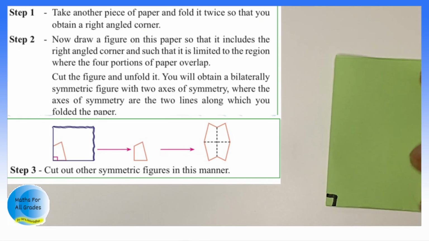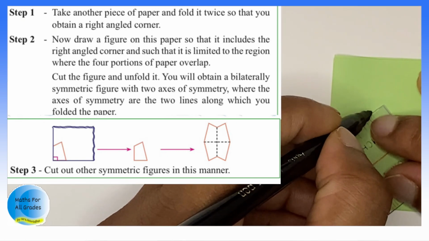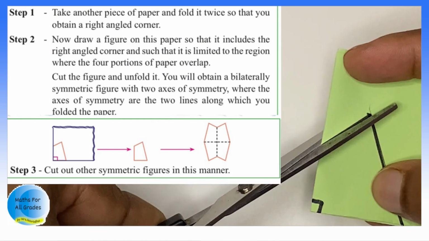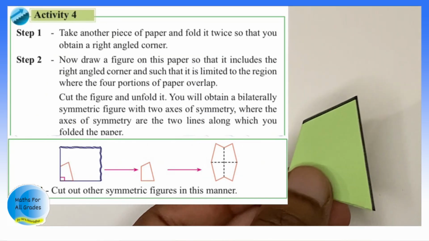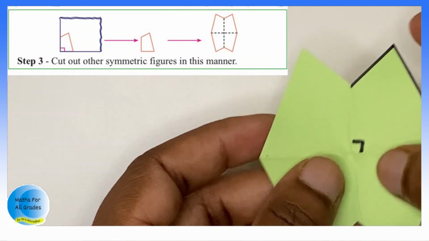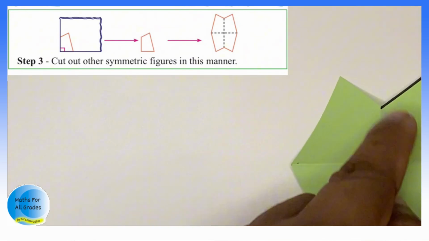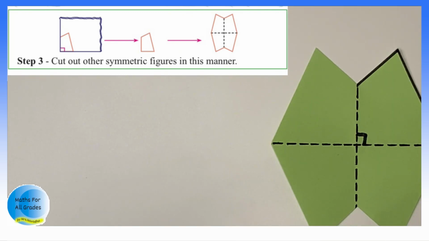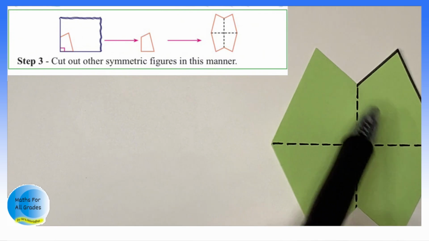It's 90 degrees. Okay, let's unfold it. Now you can see there are two axes of symmetry in this figure. So in this way we can obtain a bilaterally symmetric figure with two axes.